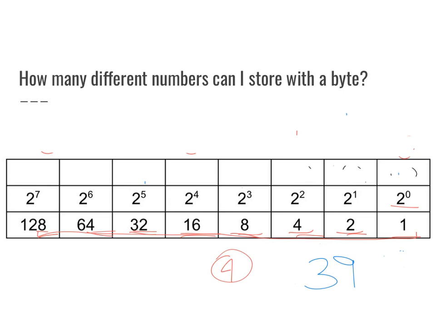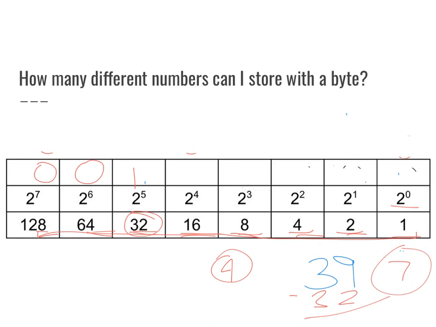Here we go. Okie dokie, 39 in binary. So does 128 go into 39? No, it doesn't. Does 64 go into 39? No, it doesn't. Does 32 go into 39? Yes, it does. How many do I have remaining? Well, I have 7 remaining.